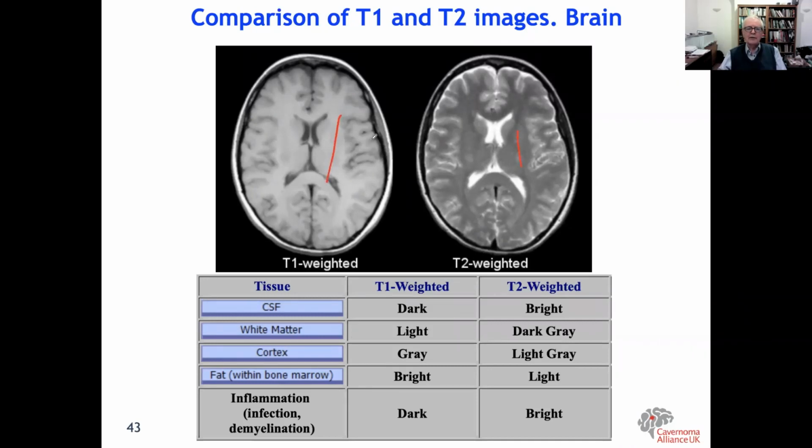The cortex, that's this bit round the outside, is white in T1 and it's dark in T2. And fat and other tissues are bright, they're different. And in particular, down at the bottom, inflammation, because cavernoma are an inflammation, are dark in T1 and dark in T2. And I'm sorry not to have that on that image at the moment. But the point to make is that they give different images to each other.